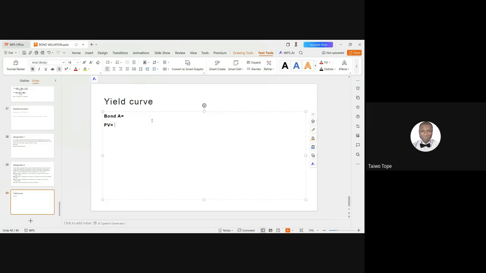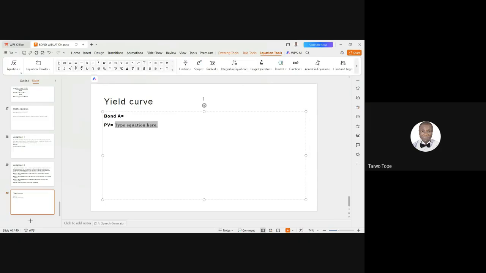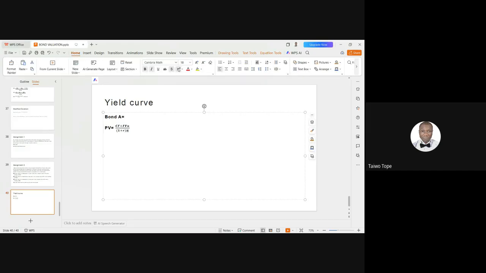Present value equal to your coupon plus your redemption value, divided by 1 plus what? The rate, to the power of n.